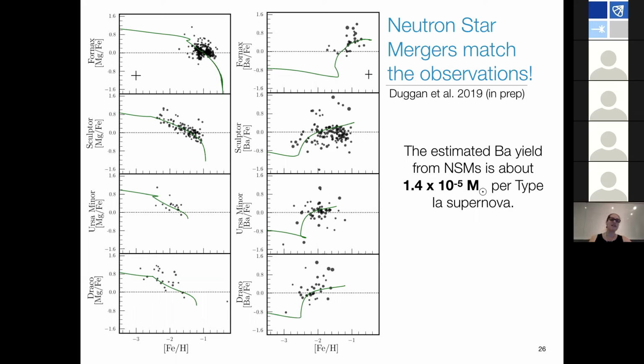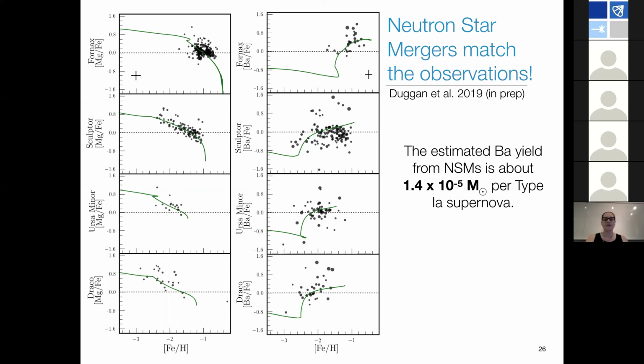But this is actually not a bad approximation because the neutron star merger delay time distribution is very uncertain, and it's expected to have a similar shape as at least double degenerate type 1a supernova, since the time is dominated by the merger time of these two stars.